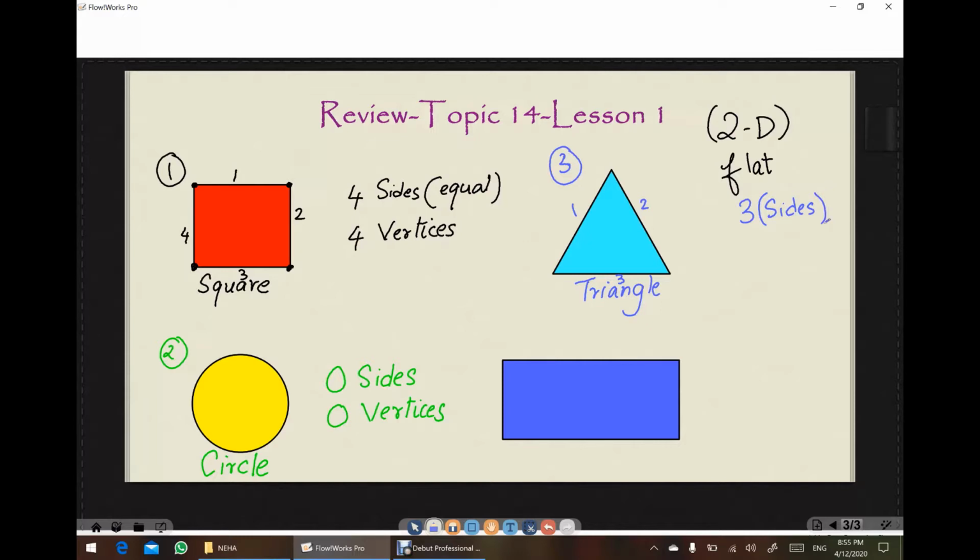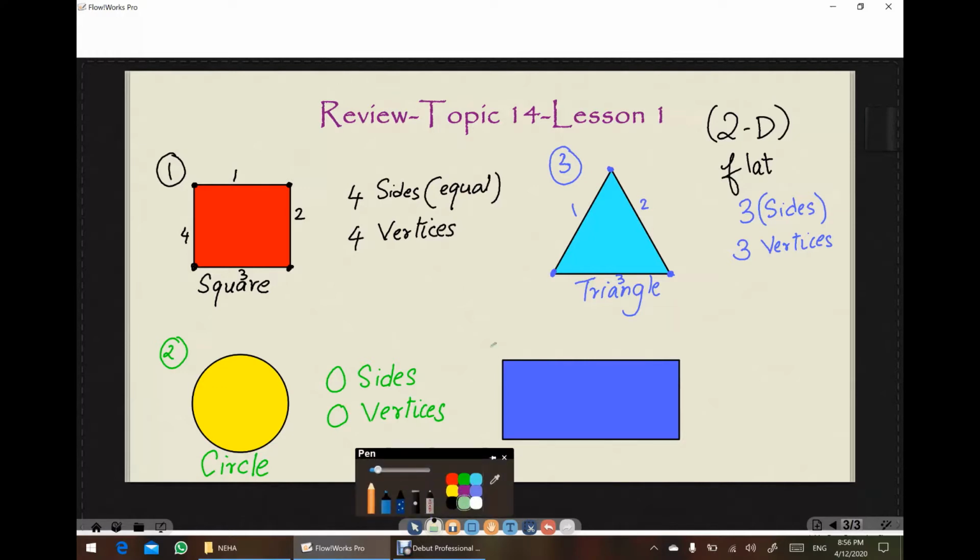It can be any length. One can be small, another can be big, but they should be straight and they should have 3 sides. And how many vertices? 1, 2, 3. 3 vertices.